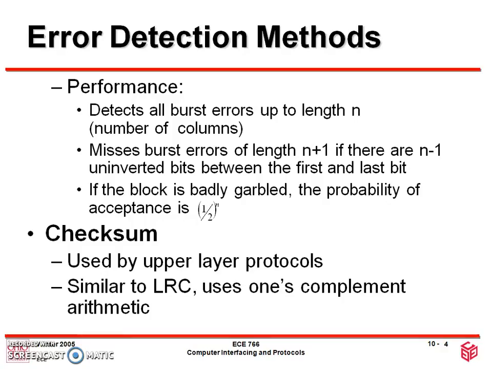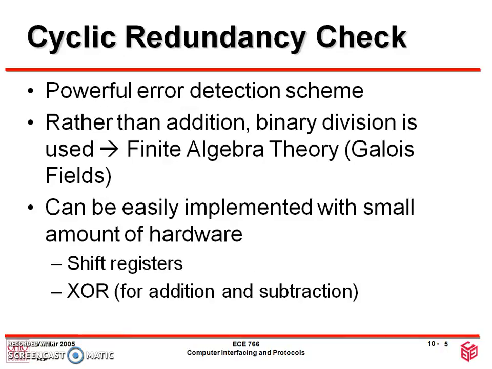Then another method of error detection is checksum. Checksum is used normally by upper protocol layers, that means the data link layer or transport layer. In most of these cases, one's complement arithmetic is used.